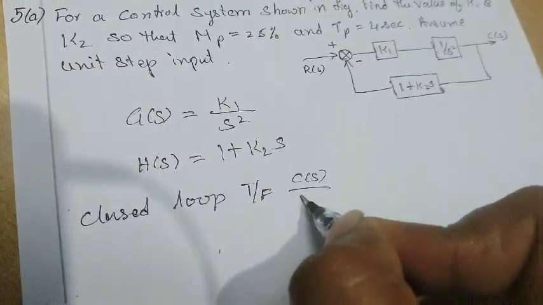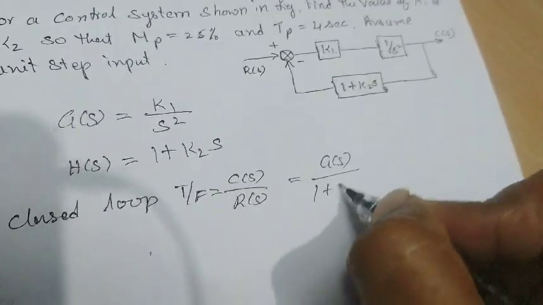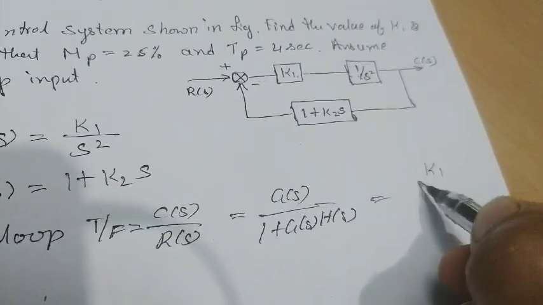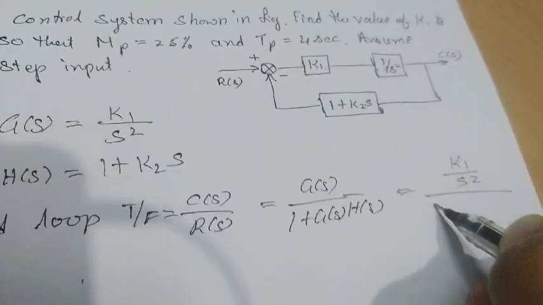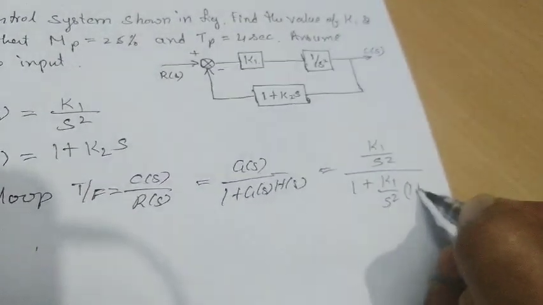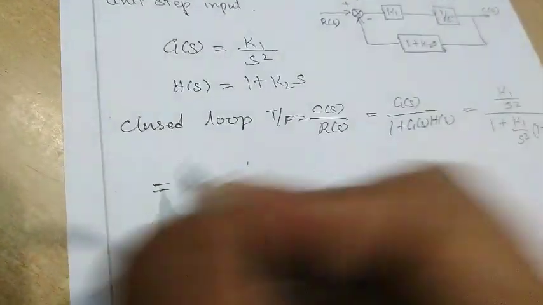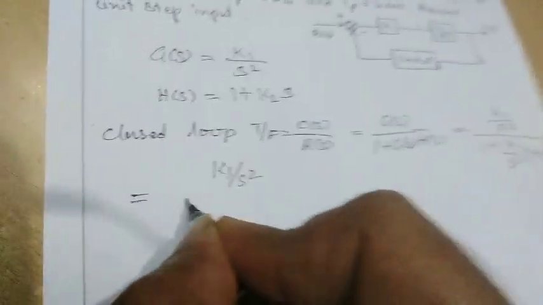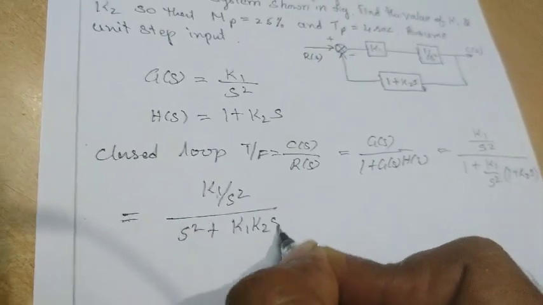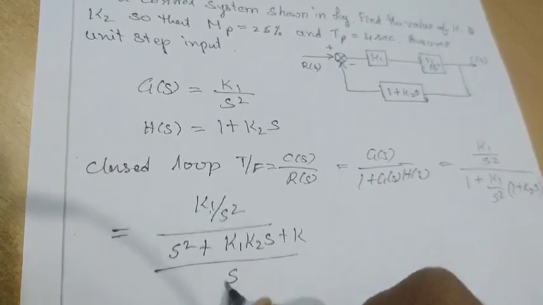So closed loop transfer function C of S by R of S is given by G of S divided by 1 plus G of S H of S. So substituting G of S and H of S in this, we'll get K1 by S square divided by 1 plus K1 by S square into 1 plus K2 S. So simplifying this, we'll get K1 by S square divided by S square plus K1 K2 S plus K1 whole divided by S square.